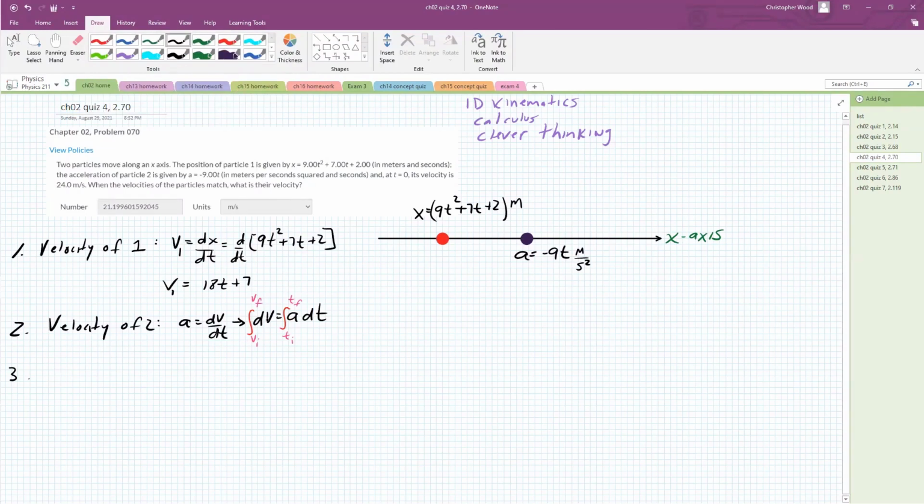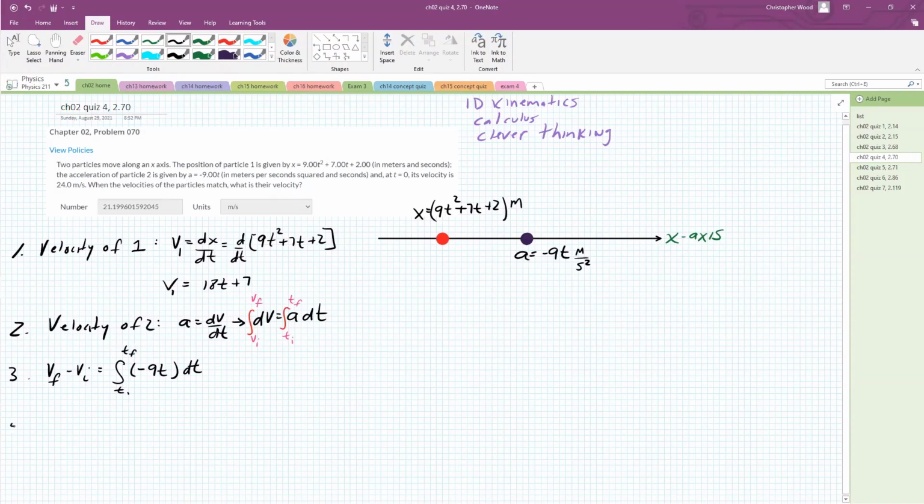If I evaluate v from initial to final, I get v final minus v initial equals the integral of acceleration. And my acceleration function is minus 9t times dt from some initial time to some final time.